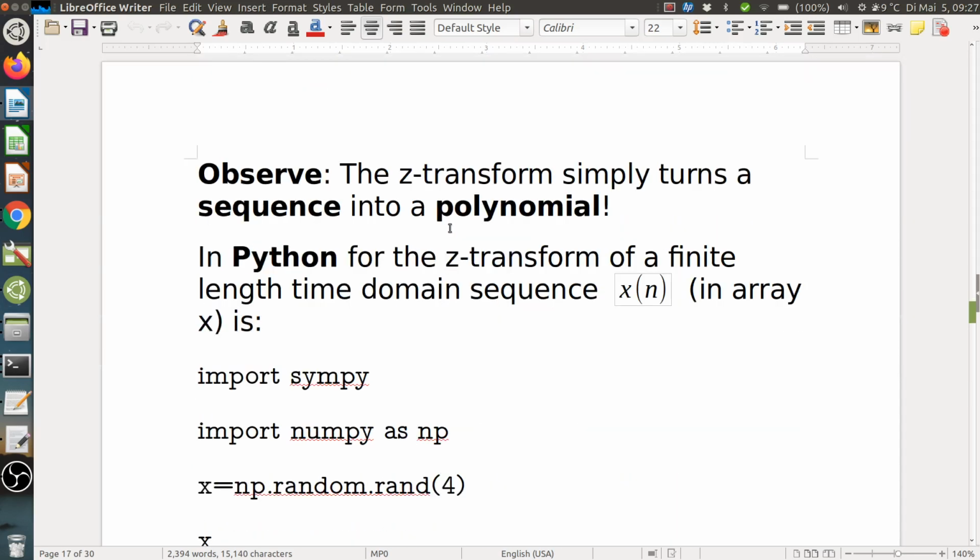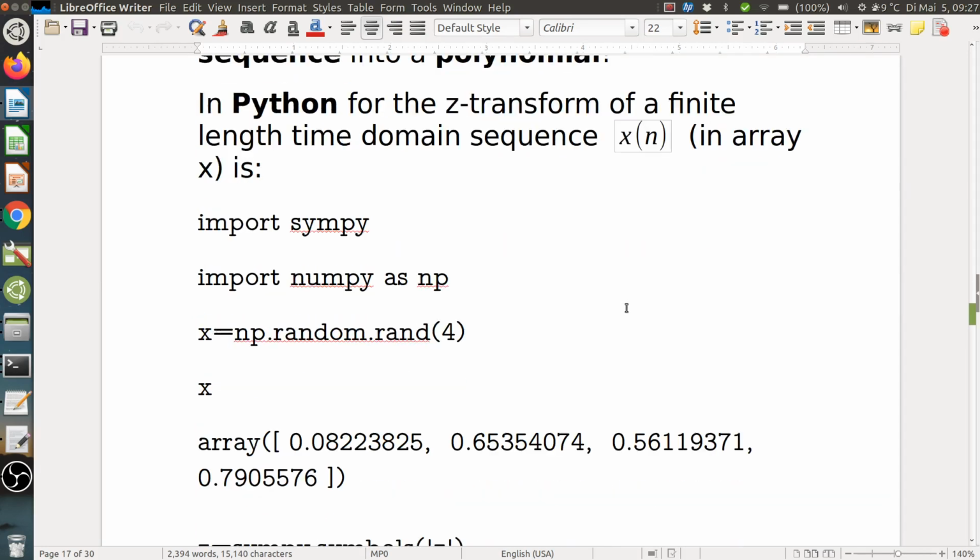So it simply takes a sequence and turns it into a polynomial. And this is relevant if you want to process it in Python. Right? In Python, the Z transform of a finite length time sequence x of n can be represented by those program lines.